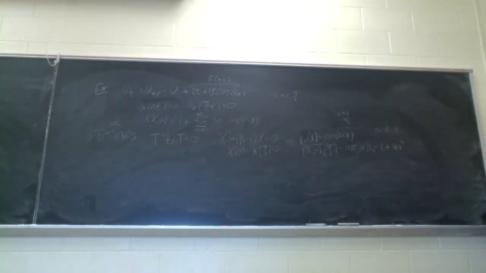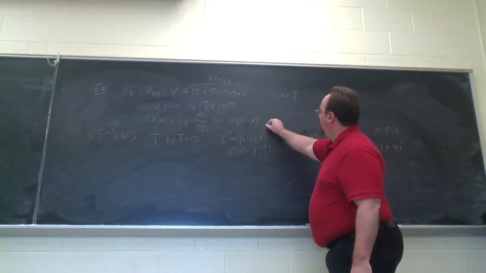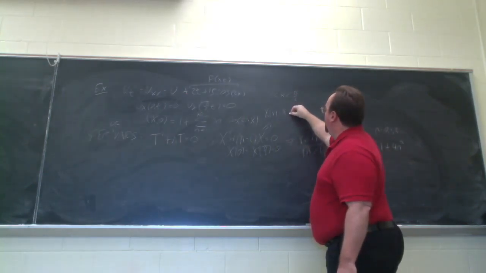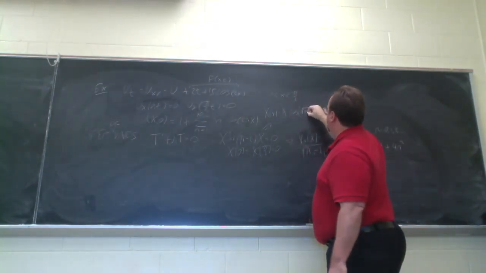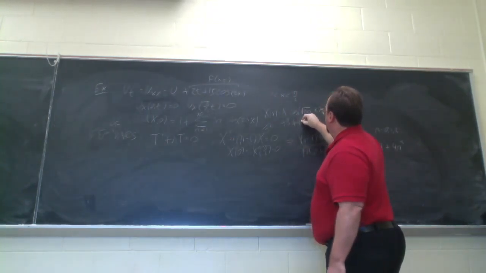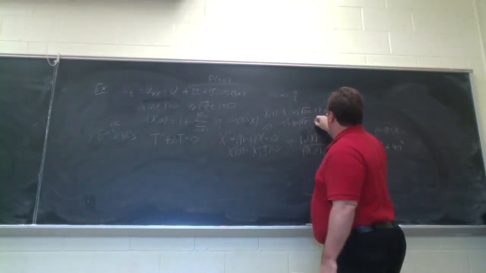Now, those of you who are not sure why this came about, keep in mind this general solution is a constant cosine of square root of lambda minus 1 x plus b sine square root of lambda minus 1 x.